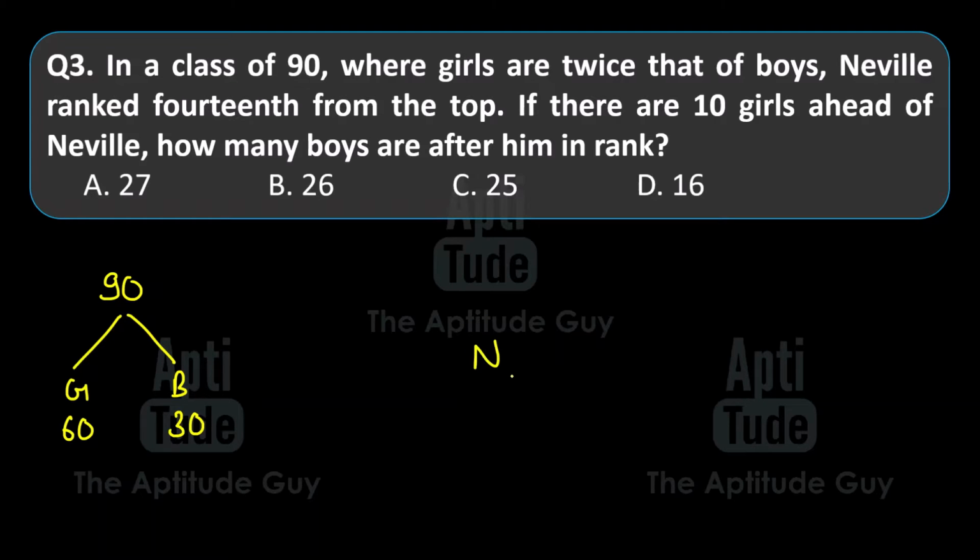So if at all Neville is here and Neville is the 14th person, then how many people above Neville? There are a total of 13 people above Neville, and then Neville is the 14th person. And they have mentioned that there are 10 girls ahead of Neville. So out of these 13 people, 10 are girls. So the remaining 3 are boys.